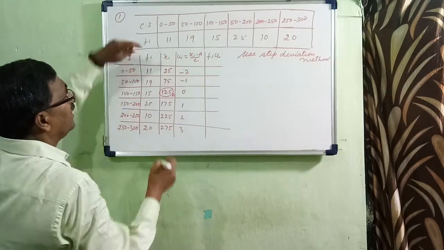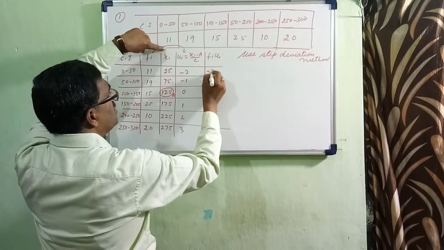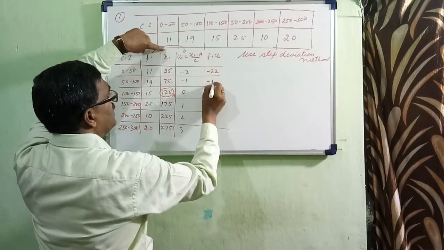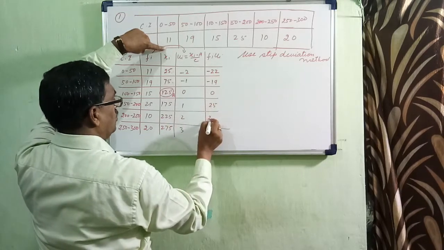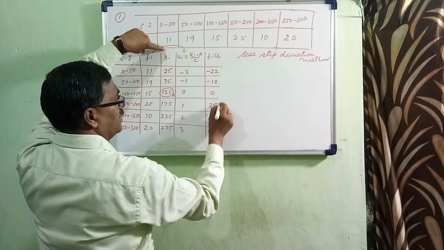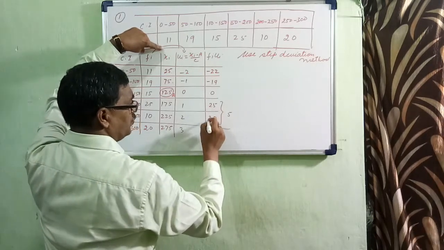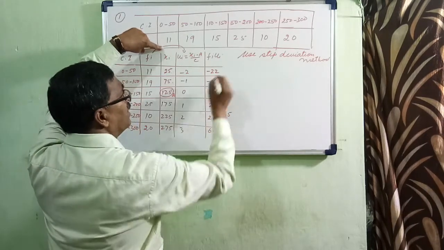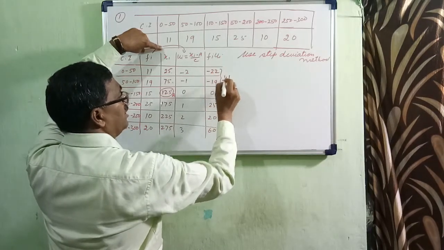And then FI into UI is to be multiplied: minus 22, minus 19, 0, 25, 20, 60. So all the positives you add together: 2 to 4, 6, 10. And here 9 to 11, 41.